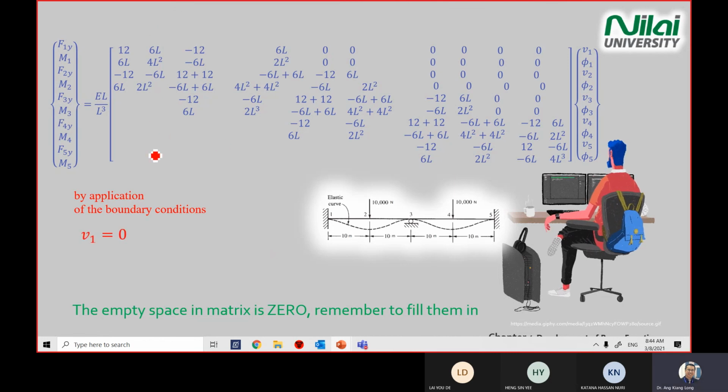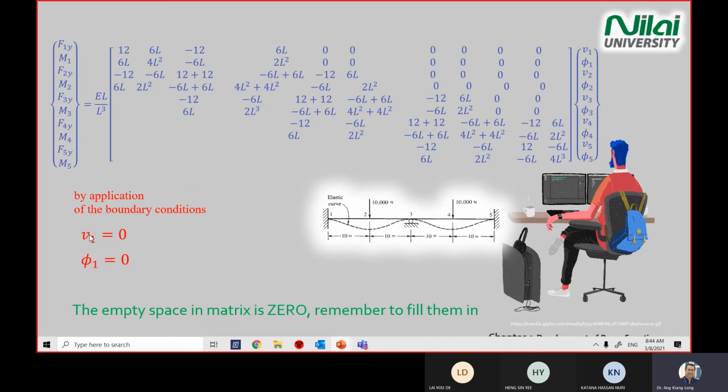If you look at point 1, we know that when you build inside a wall, at this point you don't have vertical displacement, and there is no rotation at point 1.